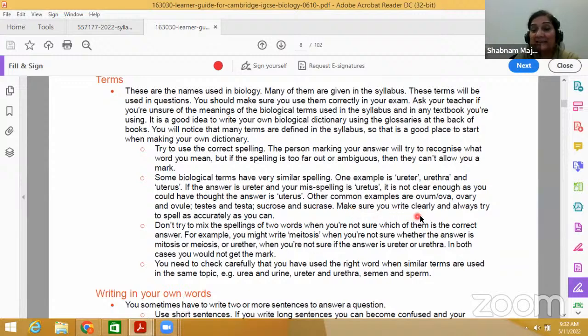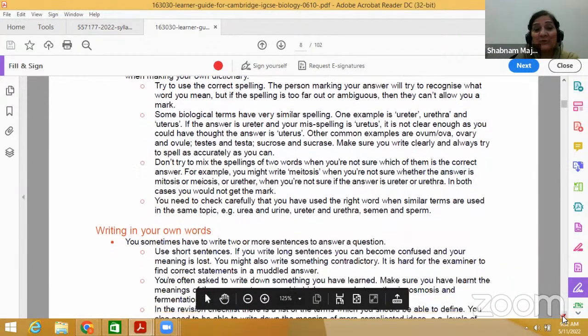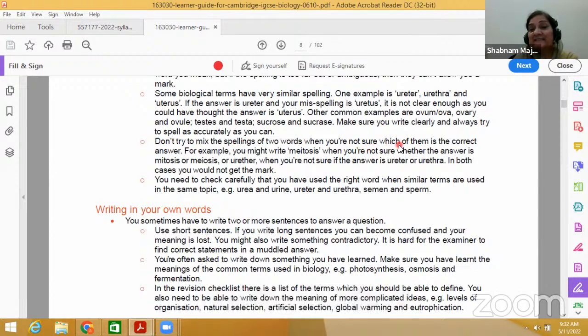Make sure you write clearly and always try to spell as accurately as you can. Very important. The next point is, don't try to mix the spellings of two words when you are not sure which of them is the correct answer. For example, you might write meiosis as M-E-I-T-O-S-I-S.